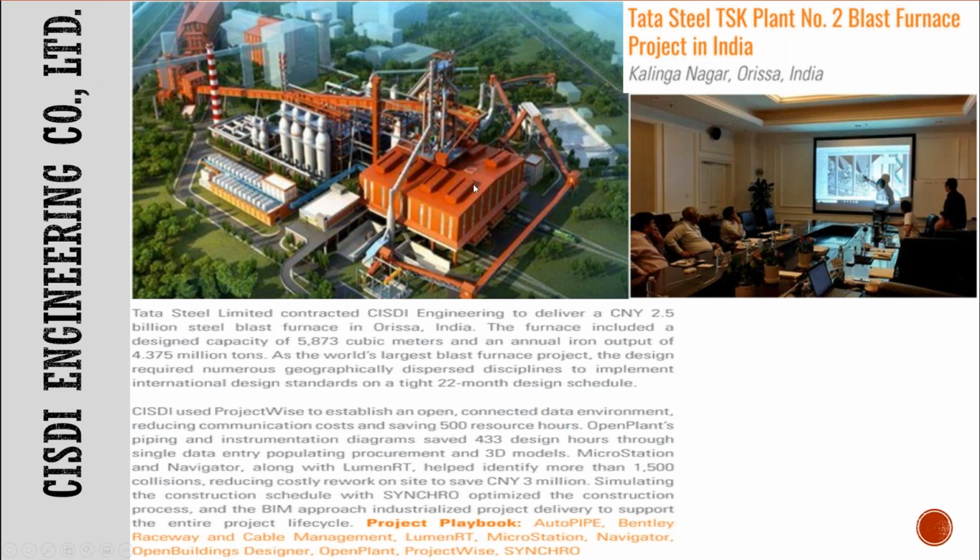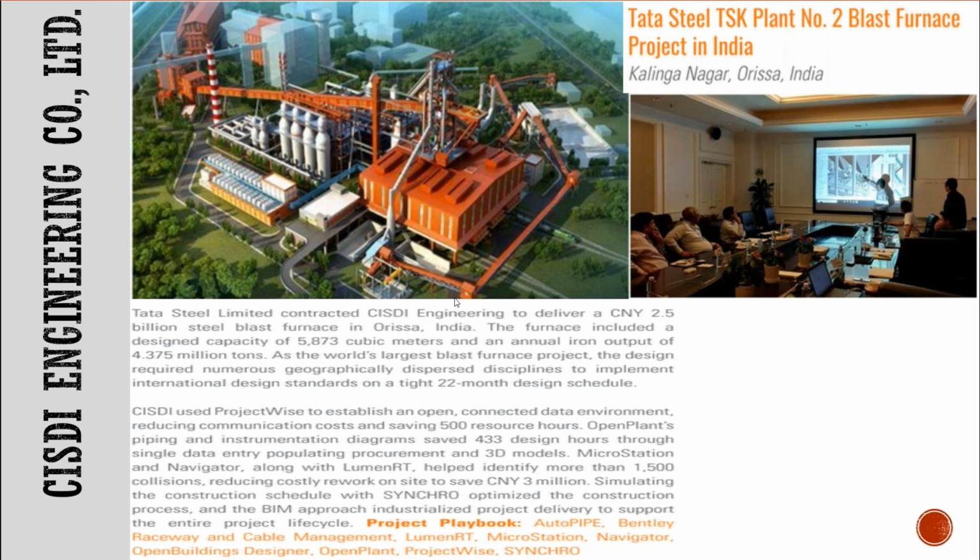This is the number two blast furnace plant, designed using OpenPlant, ProjectWise, Synchro for 4D simulation, Bentley Raceway and Cable Management, and OpenBuildings Designer. These Bentley technologies were used to create this Tata Steel plant.